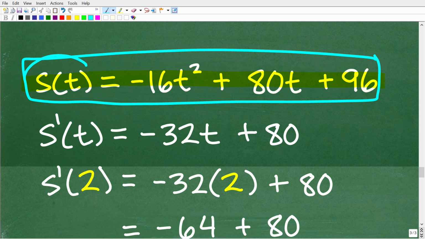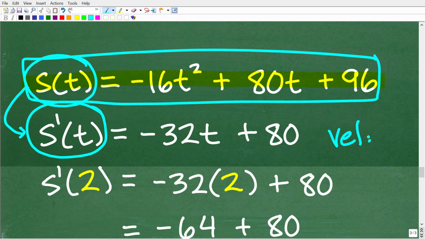Okay, so here we have a position function, right? Again, we'll know the position of the ball at any time t. Now we're going to find something called the first derivative of this position function. The notation for that is s prime of t. Now this is a new function, all right? This function tells us the velocity, the instantaneous velocity of the ball at any time t.